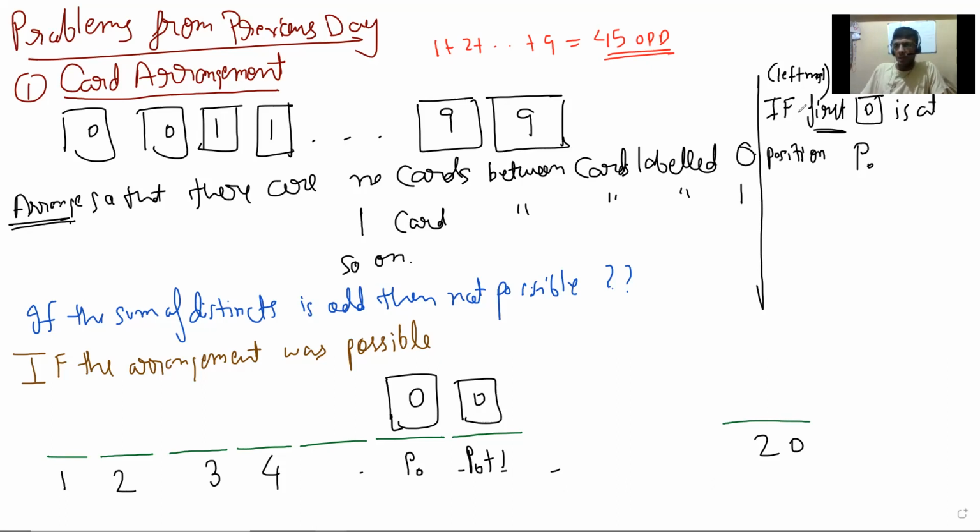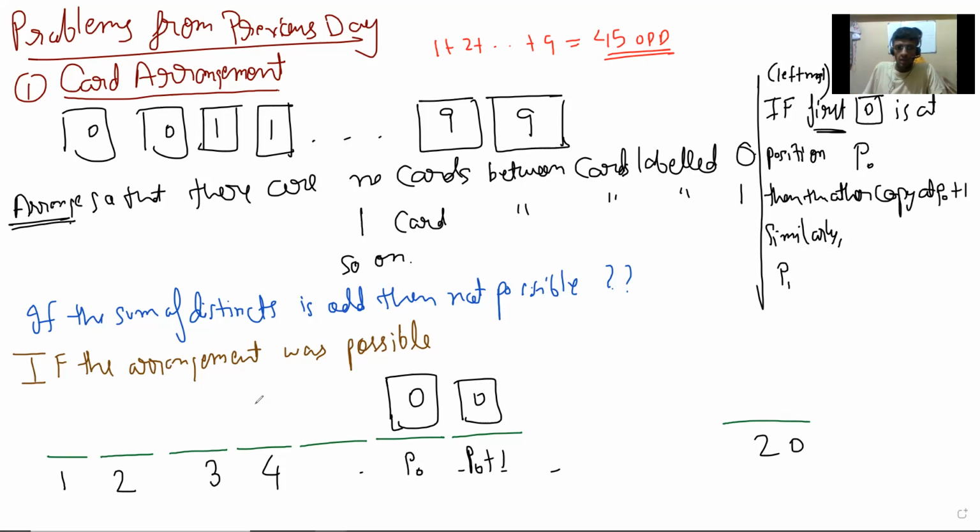Okay. So if the leftmost copy of 0 is at P naught, then the other copy is at P naught plus 1. And similarly, what will it be for 1?